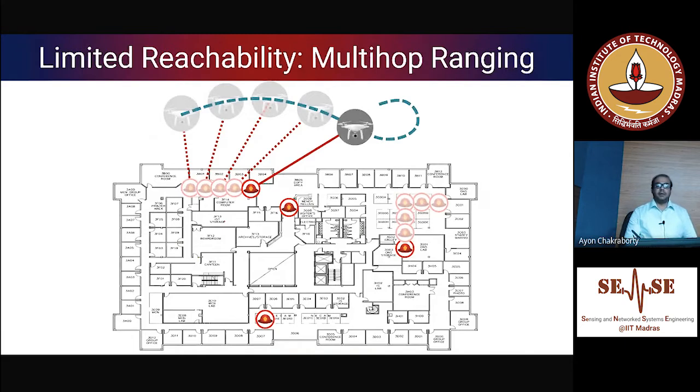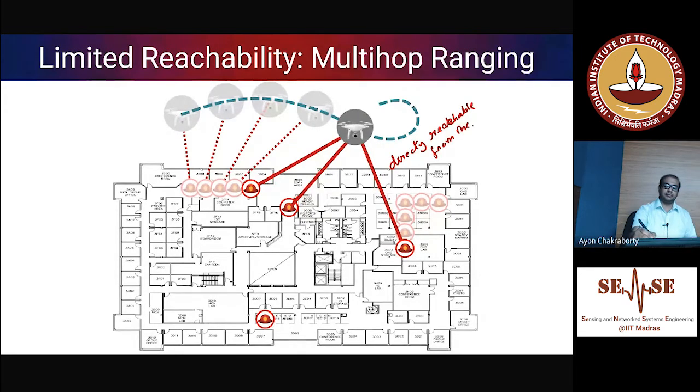So the third problem that we had with limited reachability was with multi-hop ranging. So what we can do is, instead of just ranging directly with the nodes which are far in the indoors, we first range with the nodes which are in the front. The nodes in the first hop, as I call it, are directly reachable from the UAV, and this one is not directly reachable.